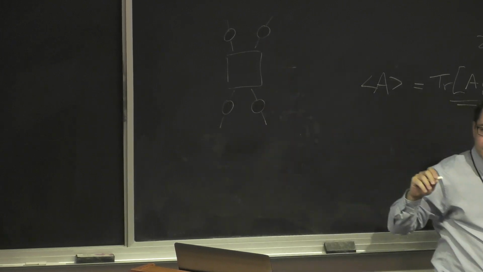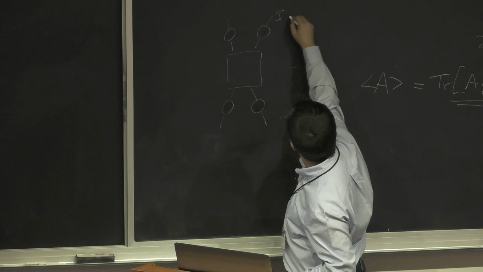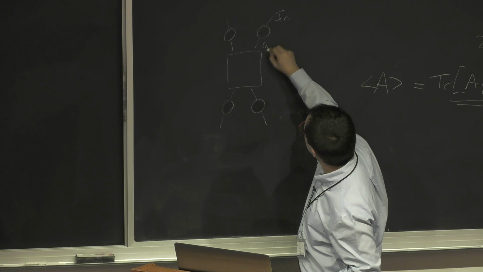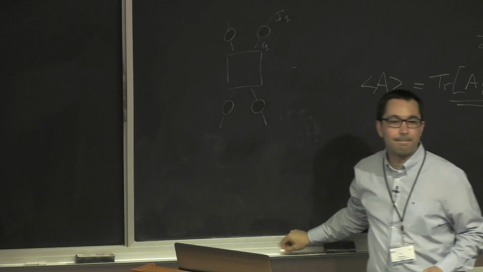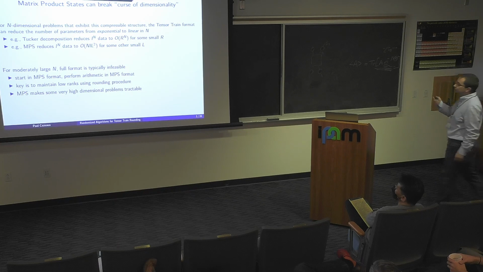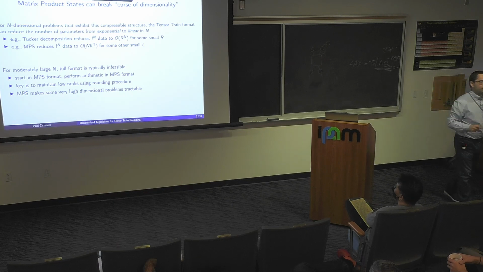So using something like the SVD, we can reduce the dimension from a large mode parameter to something a little bit more reasonable, say, right? But this kind of decomposition does not break the curse of dimensionality because the core of the tensor over there is still of dimension 4.